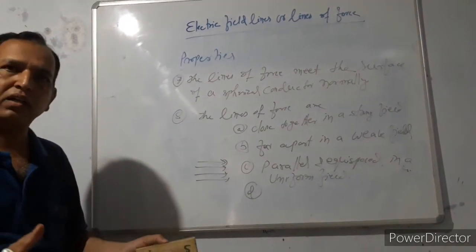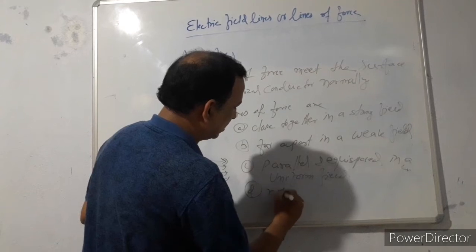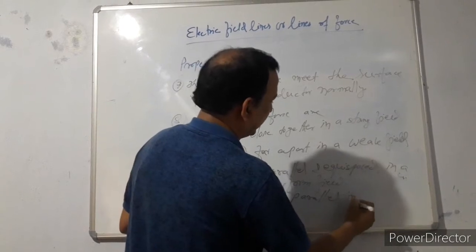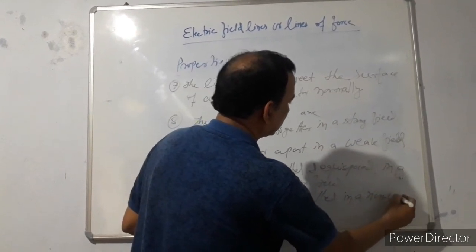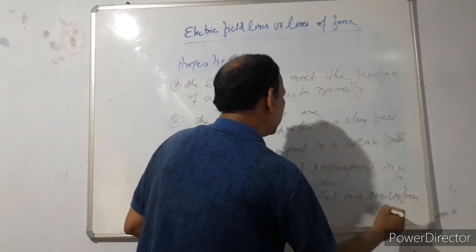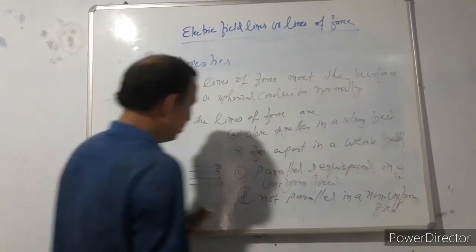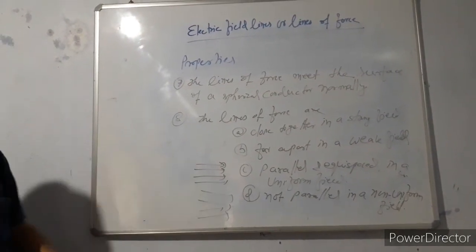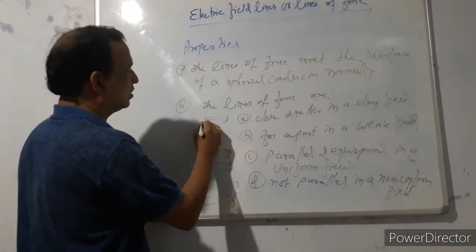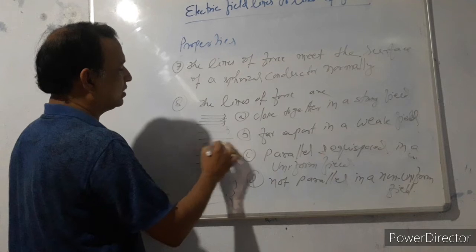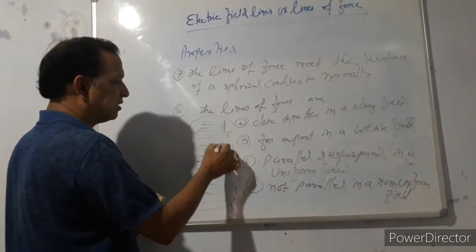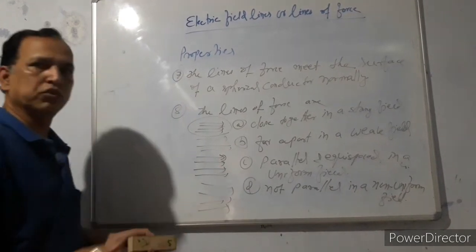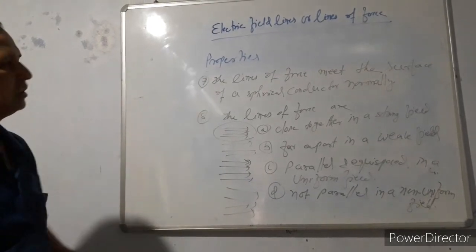If the lines of force are not parallel, it is a non-uniform field. In a non-uniform field, the lines are not parallel to each other. Very close to each other, strong field. Far apart, weak field. Parallel, uniform. Not parallel, not uniform. This is point 8.